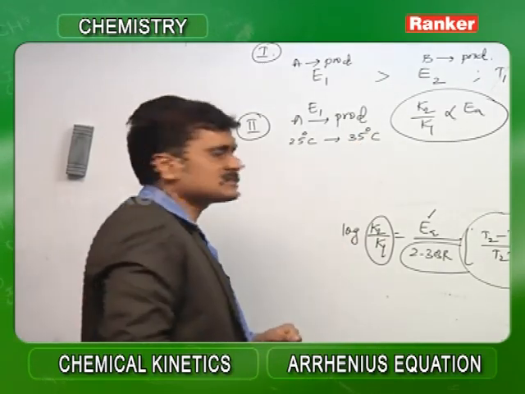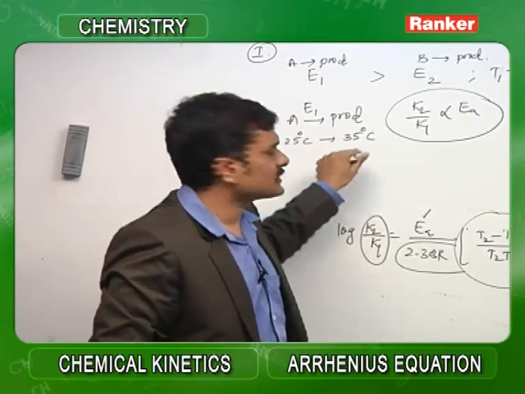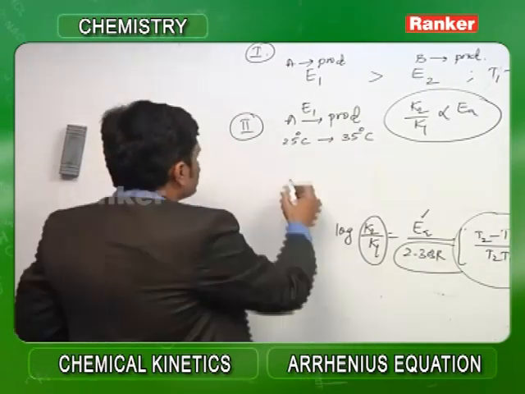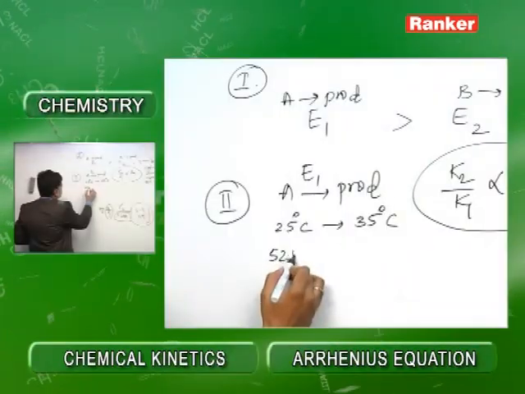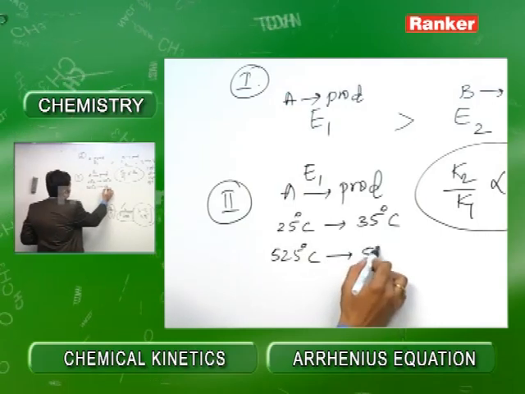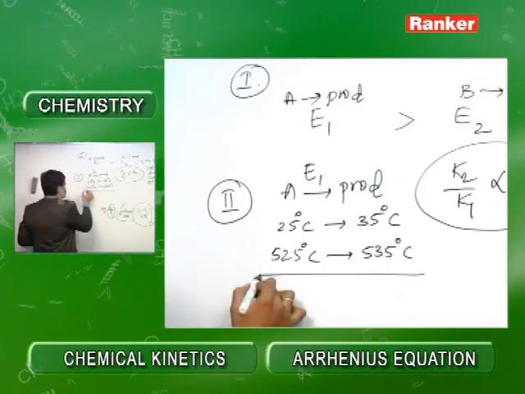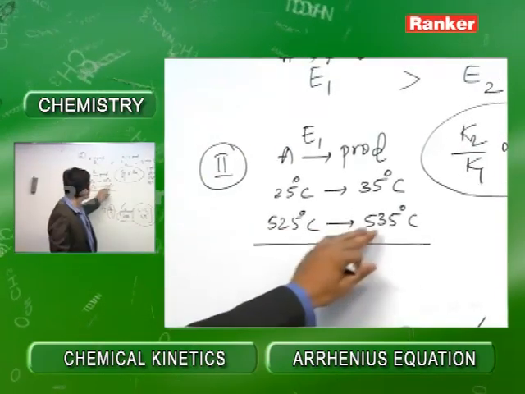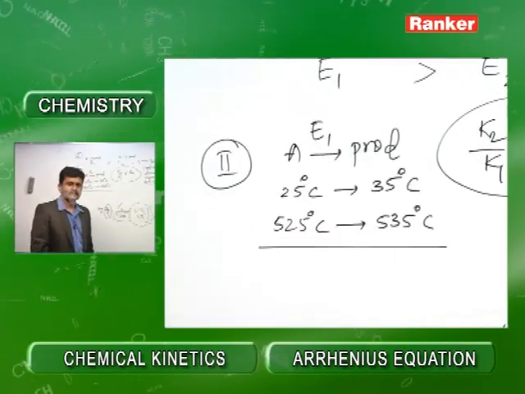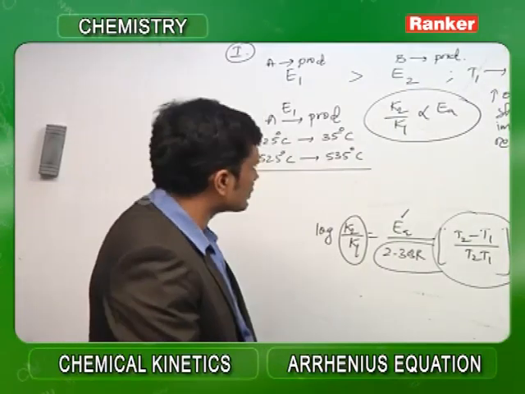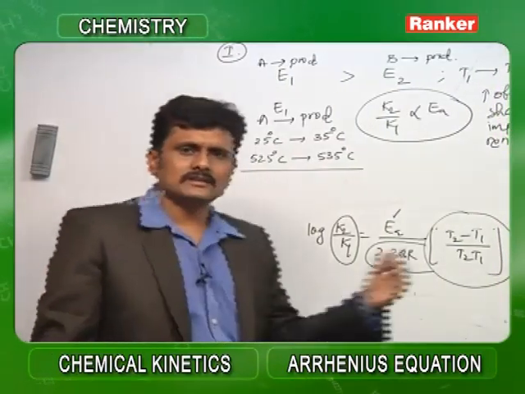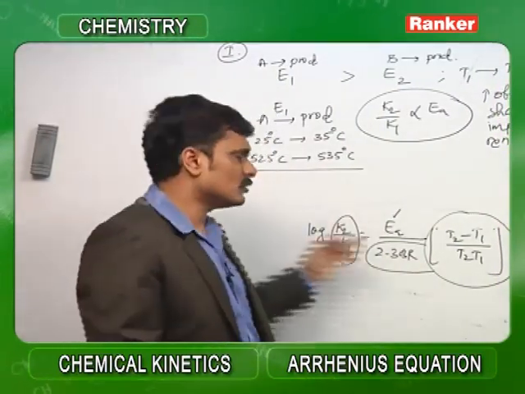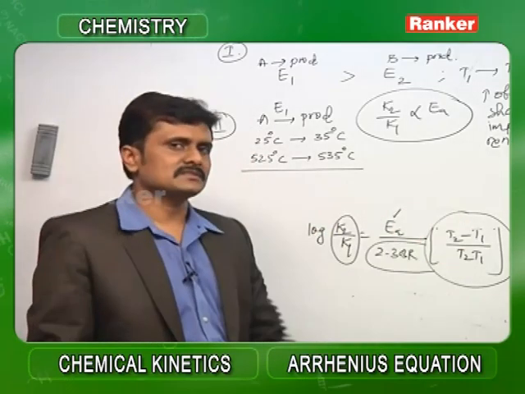One is when the temperature is raised from 25 to 35 degrees Celsius. The other is when the temperature is raised in the 525 to 535 degrees range. So now the question arises, in what situation will there be more impact of the rise in temperature?